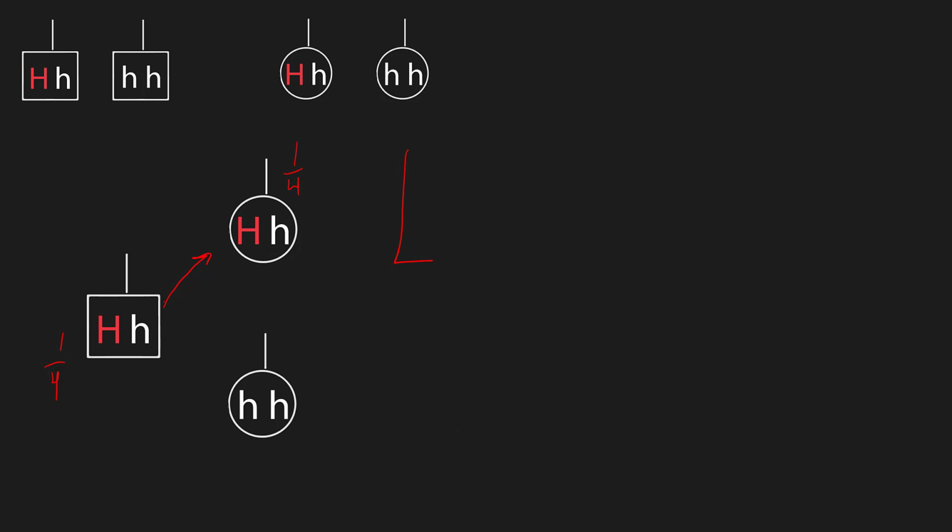And then we make our Punnett square, giving us our 3/4. Then we multiply them together. And this gives us again our 3 out of 64, which is the same calculation that I showed before.